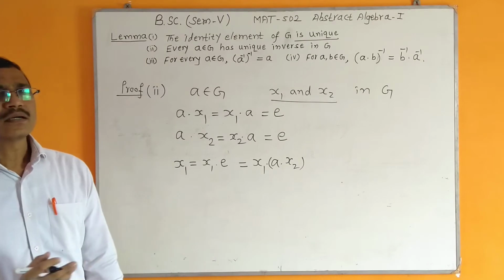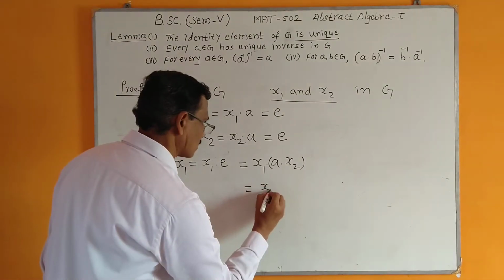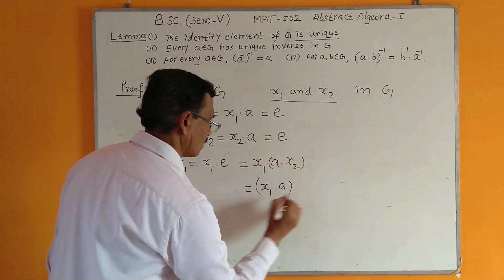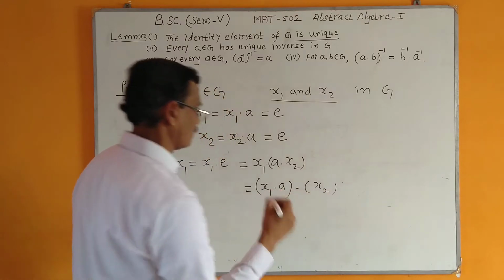Now we can apply the associative property, and this can be written as (x1 · a) · x2.